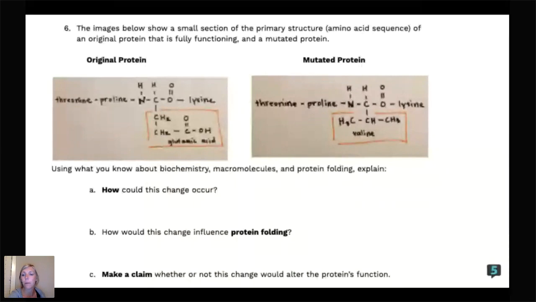Yeah, so you could say it probably would fold more, right? But the key would be to show that you would know that something hydrophobic means it's going to move toward the center of the protein. It's going to try to be away from the liquid environment that all life lives in, right? As we build on our knowledge in AP biology, you'll have so much more stuff to be able to pull from.